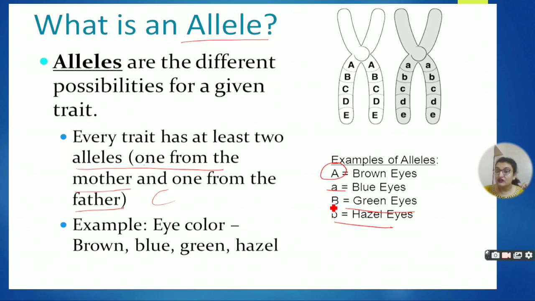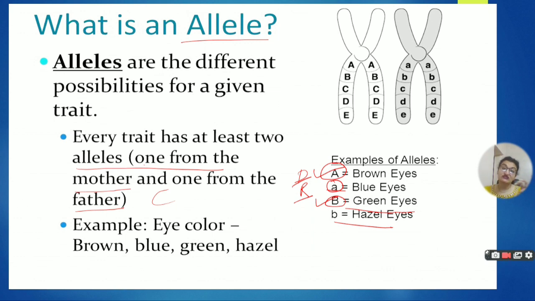In the case of capital B, it is the dominating character, and small b is the recessive character. Whenever we express the dominating and the recessive characters, we use a capital letter for a dominating character, and we use the same small letter for the recessive character.